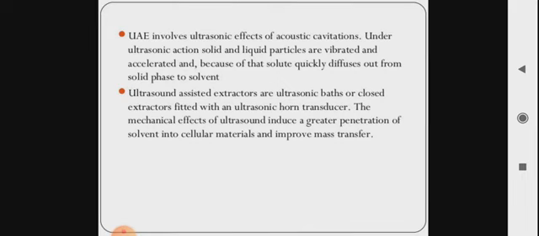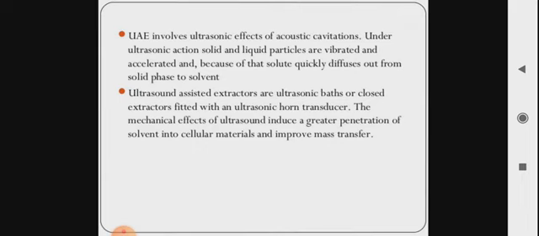On the basis of that, there will be a rapid separation of the active constituents from the plant materials, leaching out into the solvent used for the extraction. Ultrasound assisted extractors are ultrasonic baths or closed extractors fitted with an ultrasonic horn transducer. The mechanical effects of ultrasound induce a greater penetration of solvent into cellular materials and improve mass transfer.